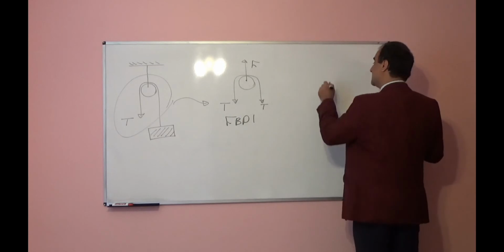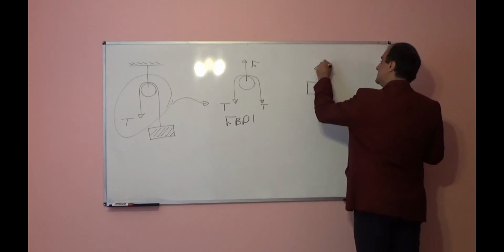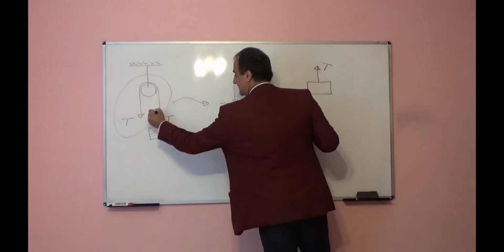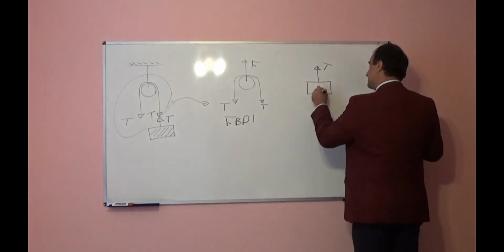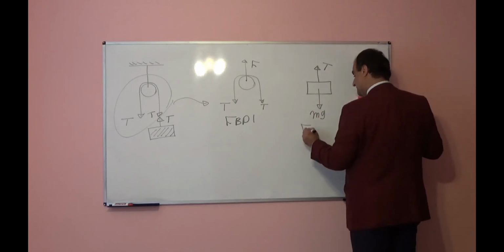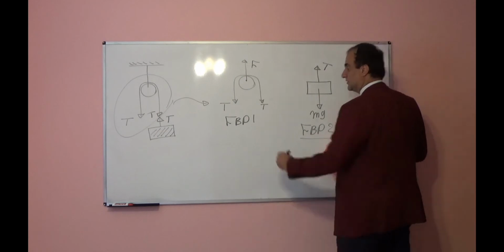Another free body diagram I can draw is for the box. This is the box. This is the cable force because I cut here. This is T, this is T, and the weight of the box. So this will be free body diagram number 2.